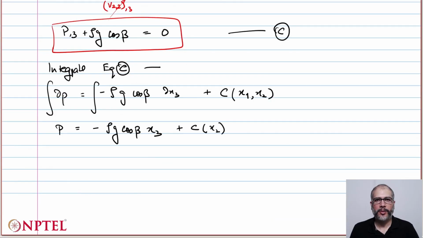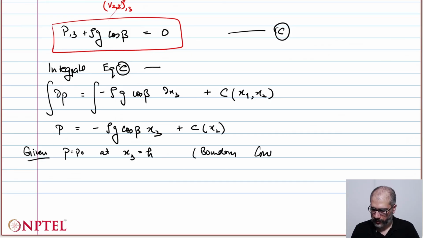The last time we discussed that we need some boundary conditions to get the constants of integration. The condition that was given to us for pressure was that pressure is P naught at x3 equals h. So if I substitute that in this equation, because this is a general function that we found out, it should also satisfy this boundary condition.